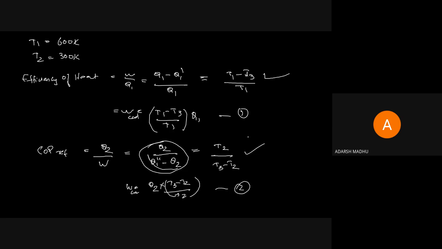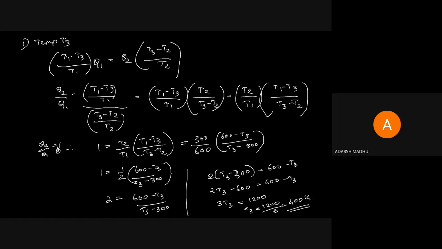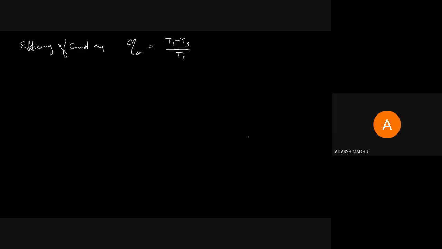Okay, all the values are given. T1 is given, T3 is given, and T2 is given. So find the value of the efficiency of the heat engine and the coefficient of performance of the refrigerator by the equation. It is T1 is 600 minus 400 divided by 600. It is 0.3333, that is 33.3%.